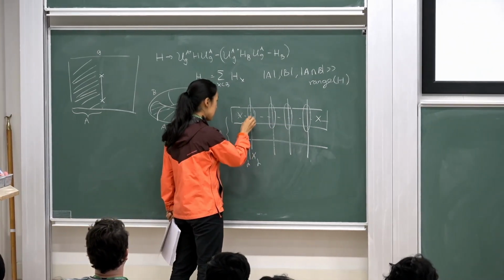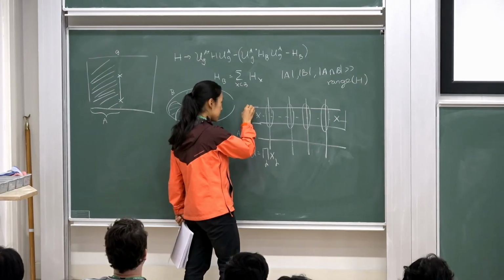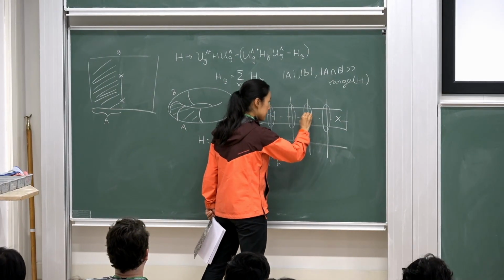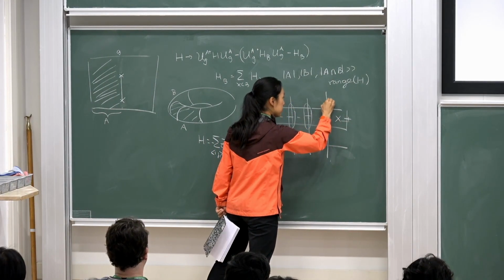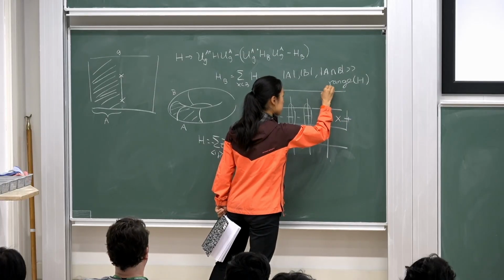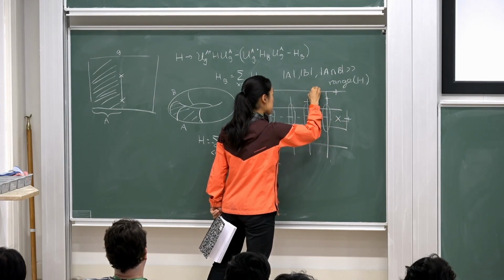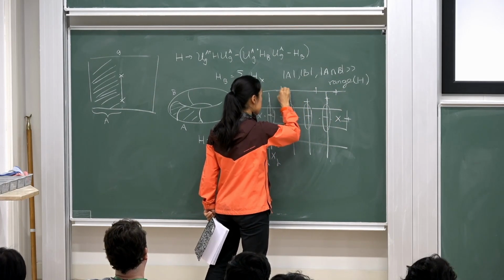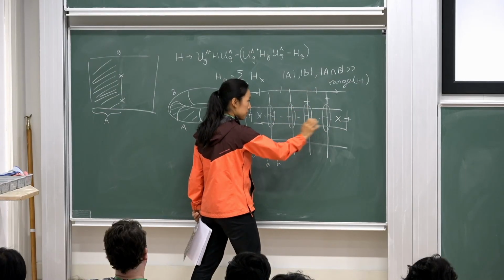And so now here, all of your ZZ couplings will be plus, but all of these will be minus, and all these above will be plus. So you flip the couplings along a finite line.